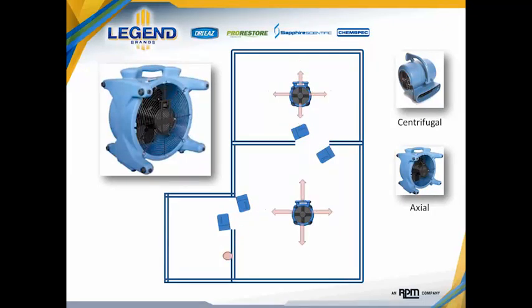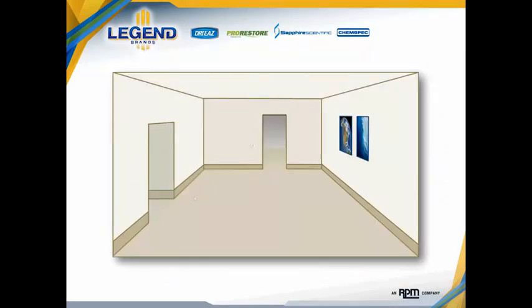Now, to verify this, there are several things that you can do. Probably the most scientific or the most effective way, once you've had air movers installed this way to verify that you've got everything covered, is to grab a thermal hygrometer and take your temperature and your humidity reading as you walk through the space, and take that reading up here in the middle of the room, the air in the center area, and find out what your temperature and humidity is about halfway between the floor and the ceiling.